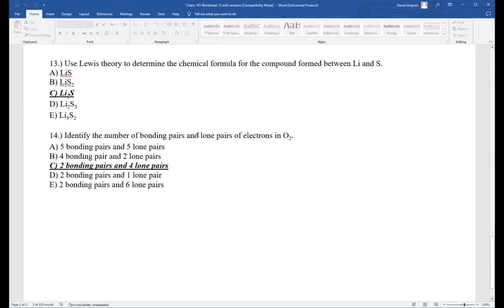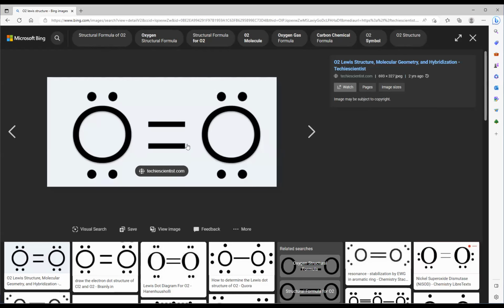Identify the number of bonding pairs and lone pairs of electrons in O2. Oxygen has 6 electrons, wants to form 2 bonds, bring them together.